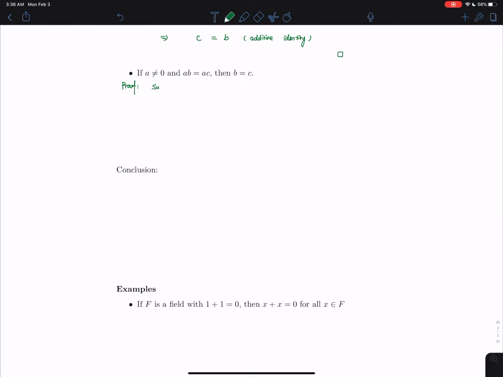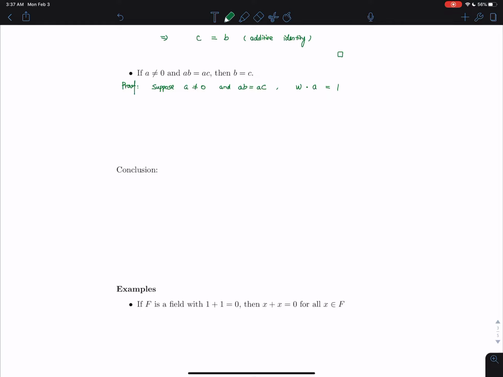Again, suppose A is not 0 and AB equals AC. Also, let's suppose W is the multiplicative inverse of A. So let's write it as W times A equals 1.